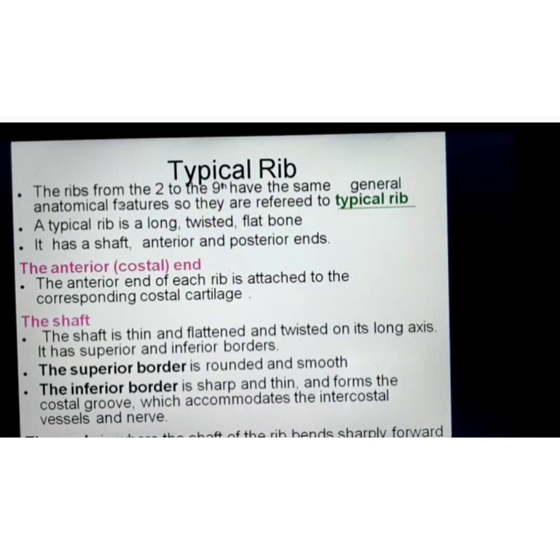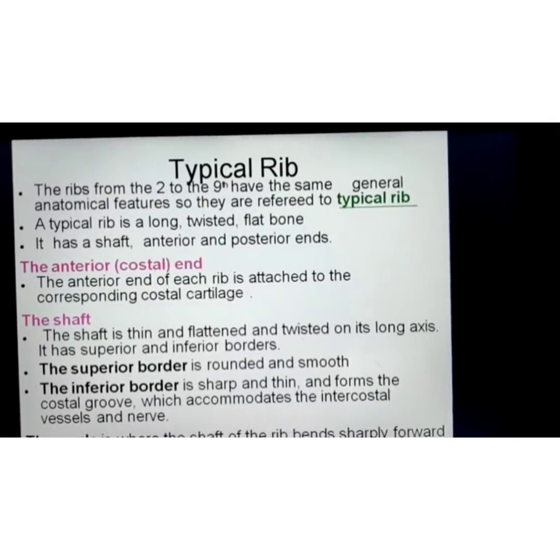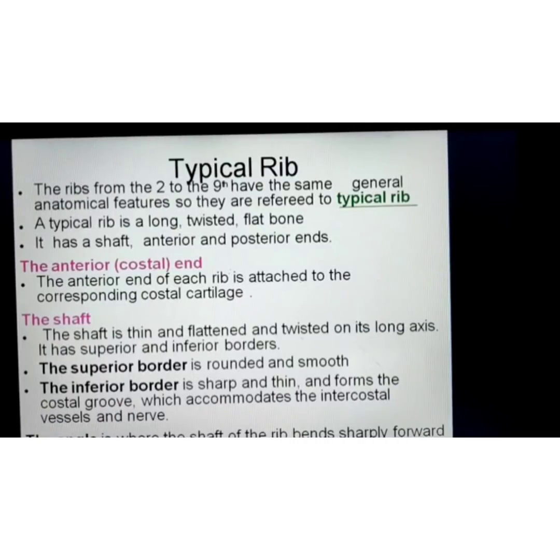The ribs from 2nd to the 9th have the same general anatomical features, so they are referred to as typical ribs.